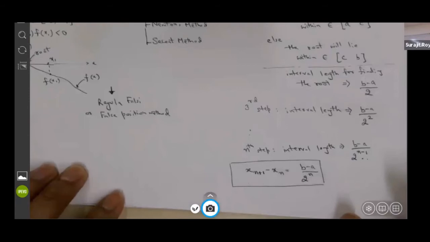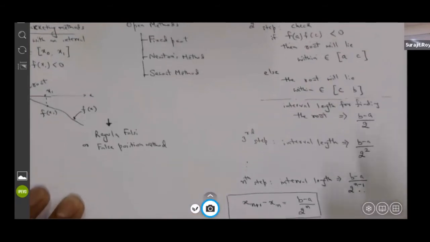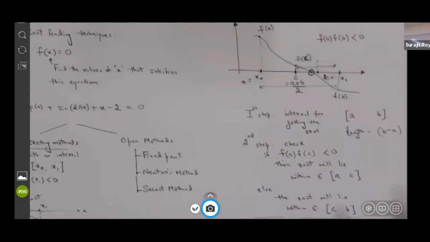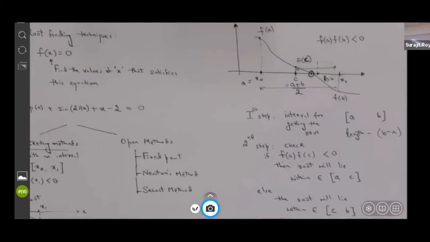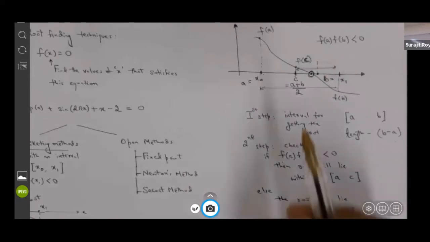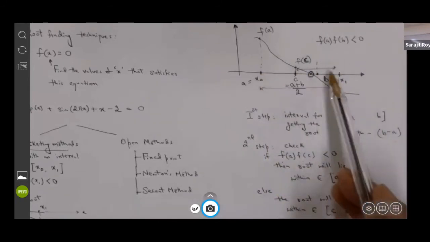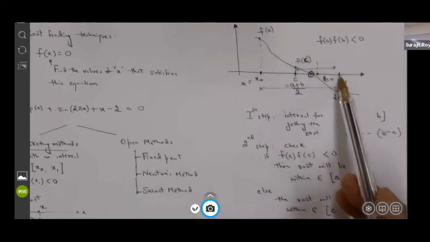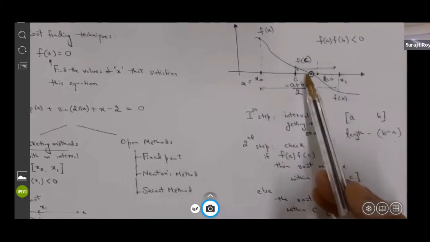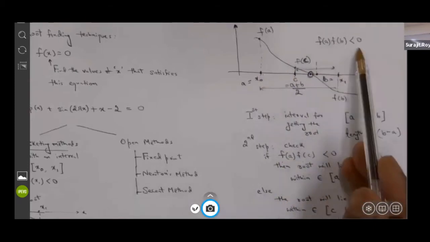So if you have to determine at what step you need to stop, how will you determine that? Is my question clear, guys? Or if not, I'm going to repeat again. First, let me explain what I'm trying to say here. We start with this interval, and we know that within this interval the root lies, which is clearly the case by using this condition.